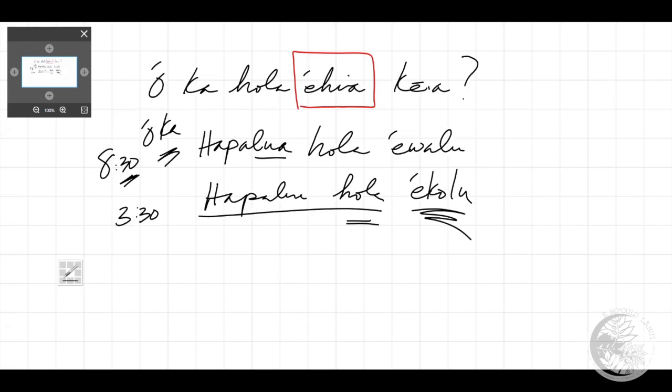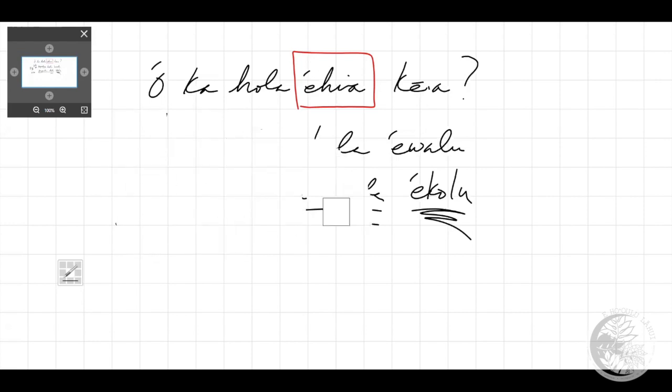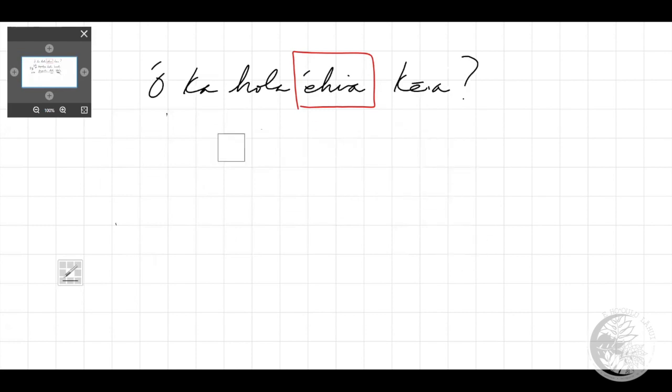Okay, well, let's go look at some other examples. Perhaps you want to use, like in English, the idea of a quarter. Quarter past and a quarter before. And pretty simple in the same way. Again, we can start with oka hapaha, 1/4.